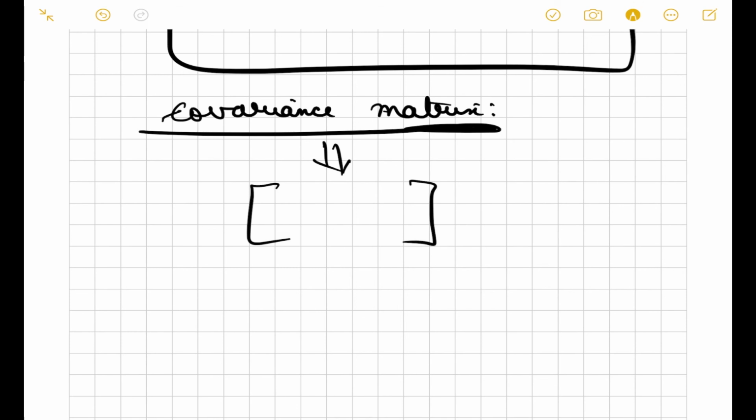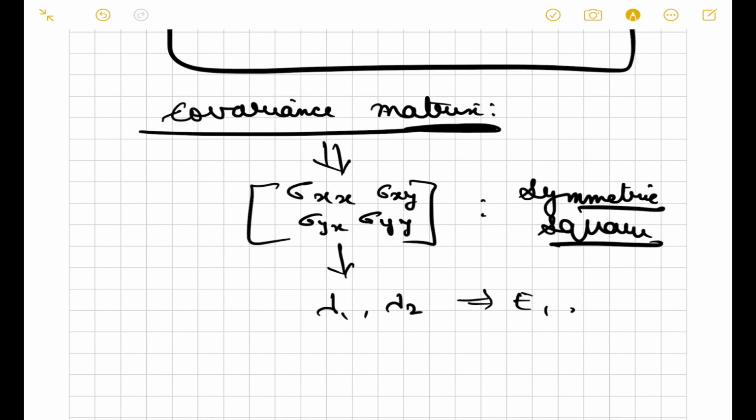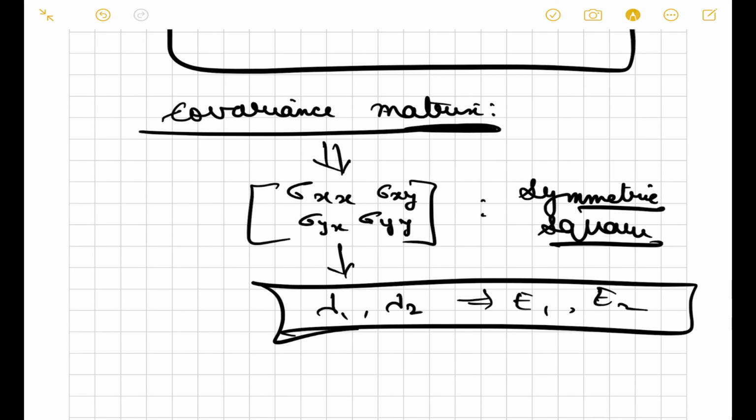If you recall from our time series discussion, we can write covariance matrices as sigma xx, sigma xy, sigma yx, sigma yy, and they are symmetric as well as square. If we have to perform their eigen decomposition, we simply determine their eigenvalues and corresponding eigenvectors, and we can easily decompose them the way we want.